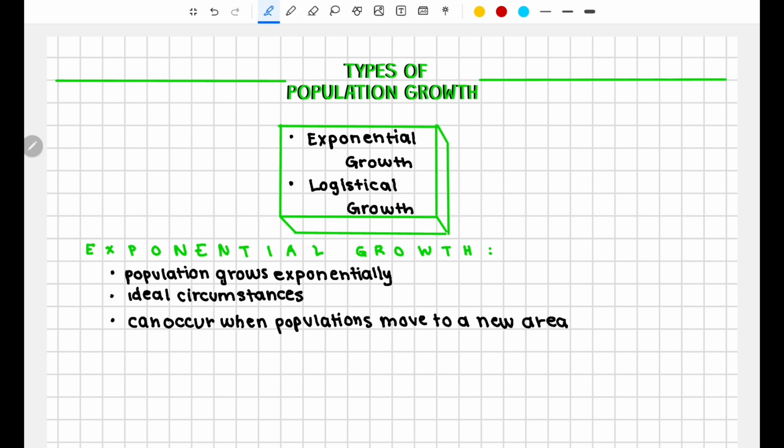One of these ideal circumstances in which exponential growth can occur is when a population immigrates to a new area. Why? Because once you immigrate to a new area, there are going to be different resources and different animals present. Moving to a new area means that the species might not be exposed to any actual predators.